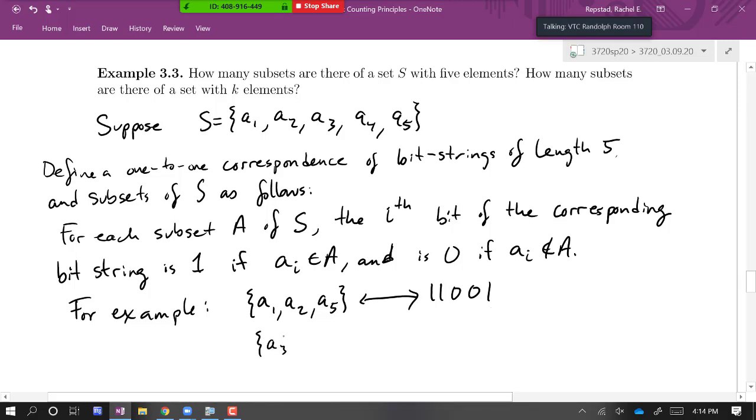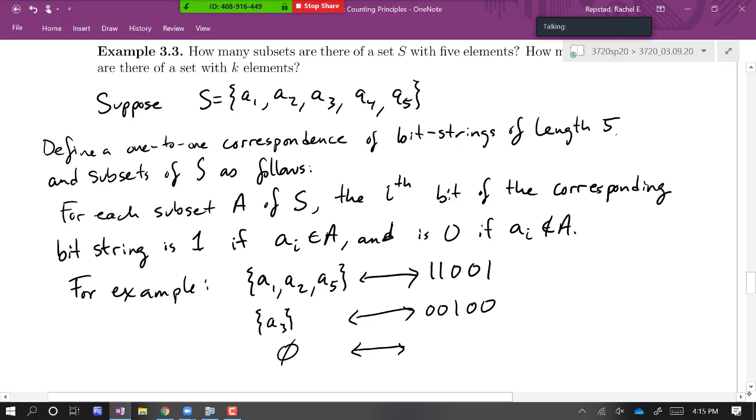What would be the bit string corresponding to the set that just consists of the element A3? Say that again. Is it going to be 0, 0, 1, 0, 0? Yep. What about the empty set? All zeros? Yeah.